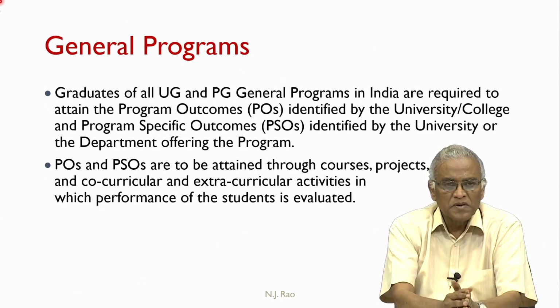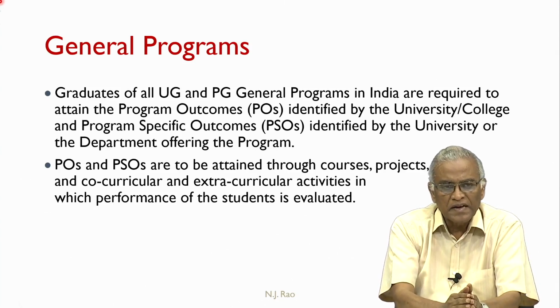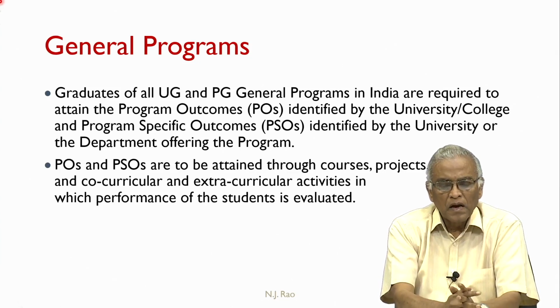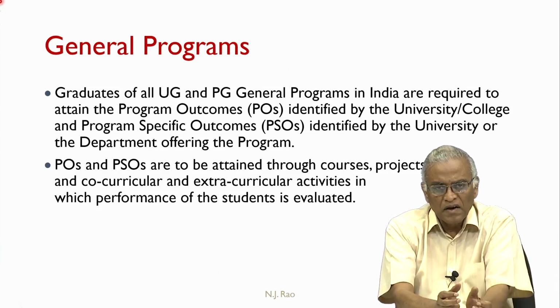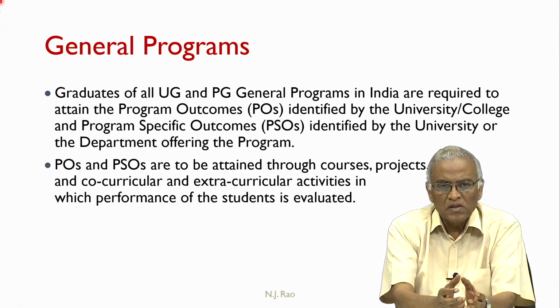But one thing should be remembered: when we are talking about attainment of POs and PSOs, whatever we are measuring, whatever we are trying to attain, should be done by all the students in the program.